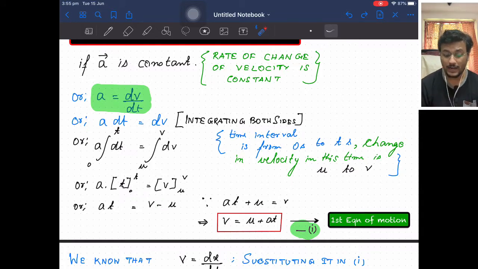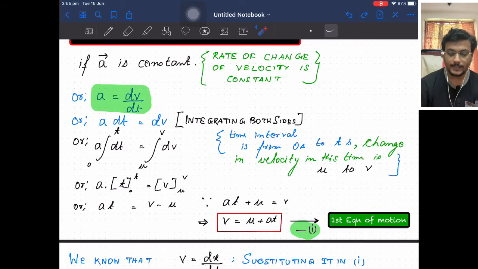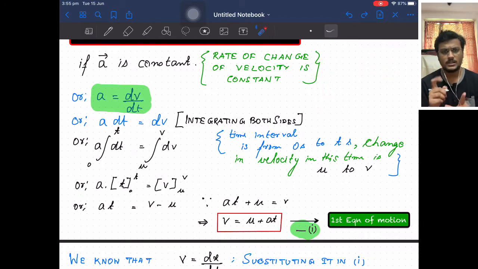And similarly on the right hand side, integration of dv gives us v between the limits v and u. Now we know that whenever we have a limit, the value of velocity in the upper limit minus the value of velocity in the lower limit, so v minus u, and that's why we have a v minus u, my dear friends.